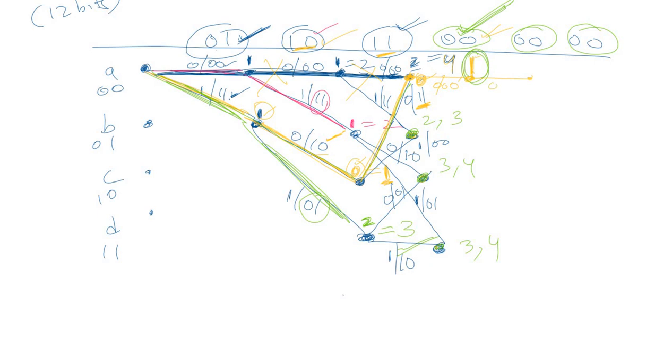Similarly, again if the input is 0, output remains 0 0, and again 0 0. And 0 0 is exactly the same as this received 0 0. Hence the Hamming distance will be 0 at this point, this point also 0, and this point also 0.